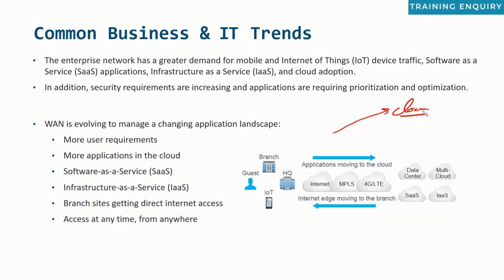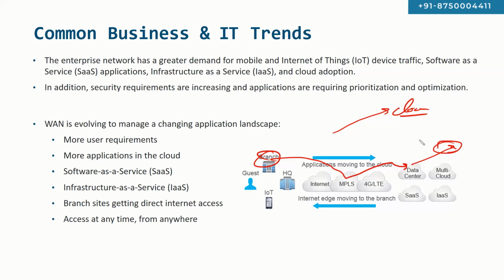So applications are moving to the cloud. And since applications are moving to the cloud, if you are still using the old technology, from the branch using MPLS you will go to the data center, and from the data center you will go to the internet. Because if your application is deployed in the cloud, it would be accessible through the internet only.